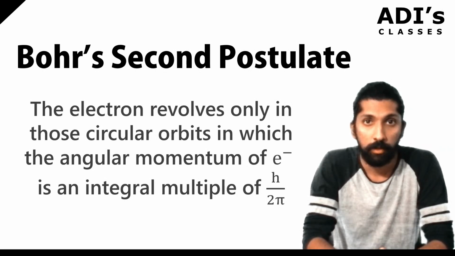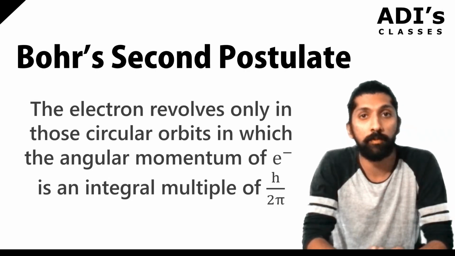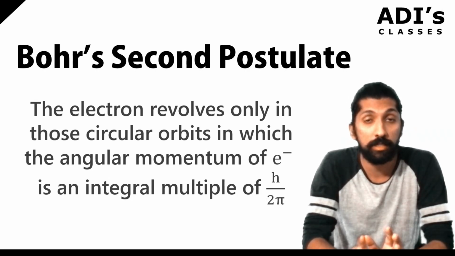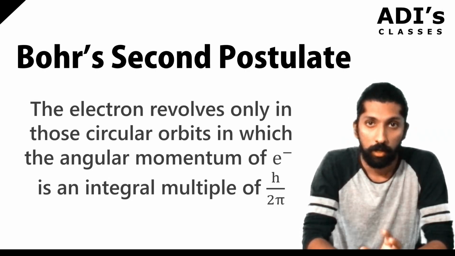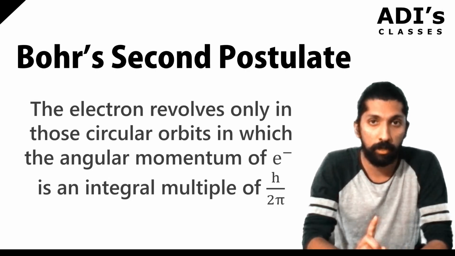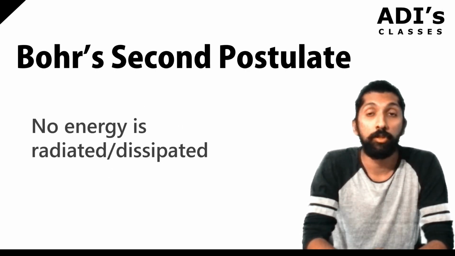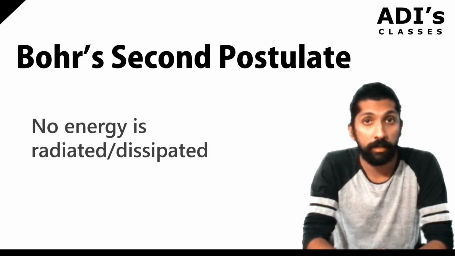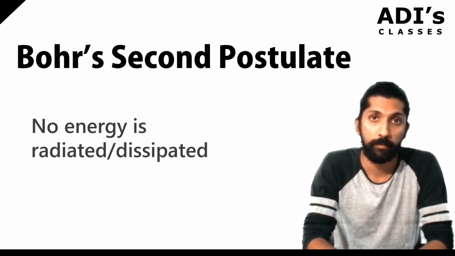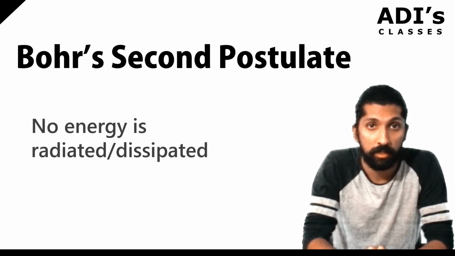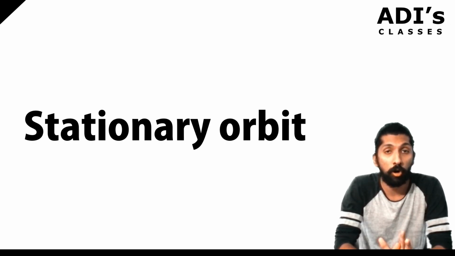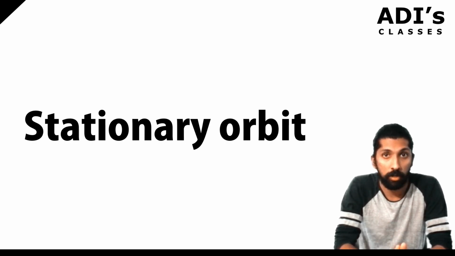So an electron is revolving around the nucleus in a circular orbit. Whenever the electron revolves in that particular orbit, no energy is radiated by it. That means they are stationary. These orbits are called non-radiating or stationary orbits.